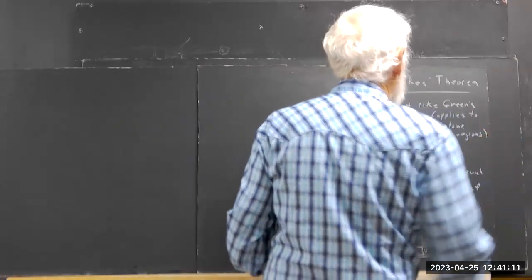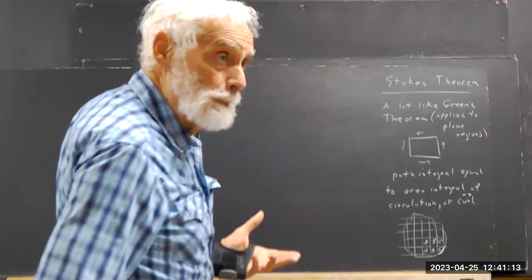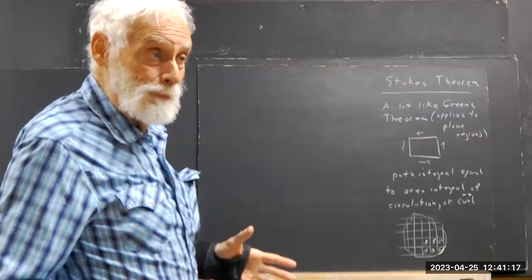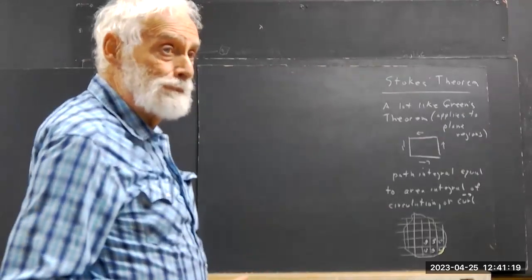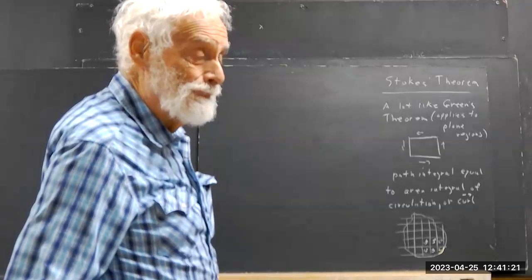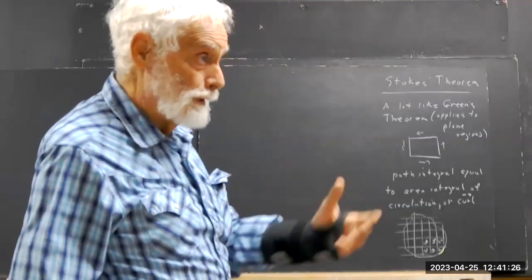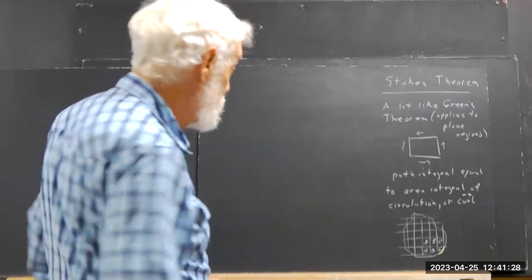Stokes' theorem applies to any surface, as long as the surface is orientable, not too weird, and your vector function, of course, has the appropriate characteristics. I won't go into too much detail on that.